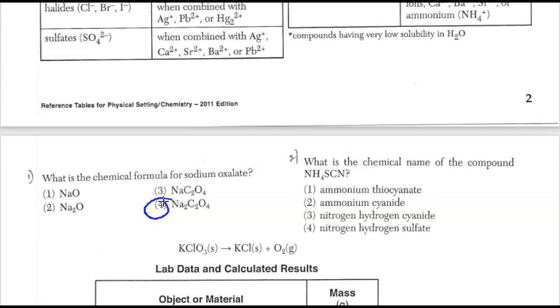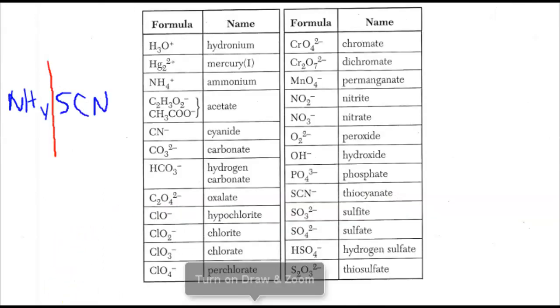You want to go to reference table E and you just want to play the matching game. Remember, I already told you, you are not going to change the endings of anything. So you just need to find the 2 polys that are represented here. All right, I'm showing with the red line the breakup between the ammonium and the thiocyanate.